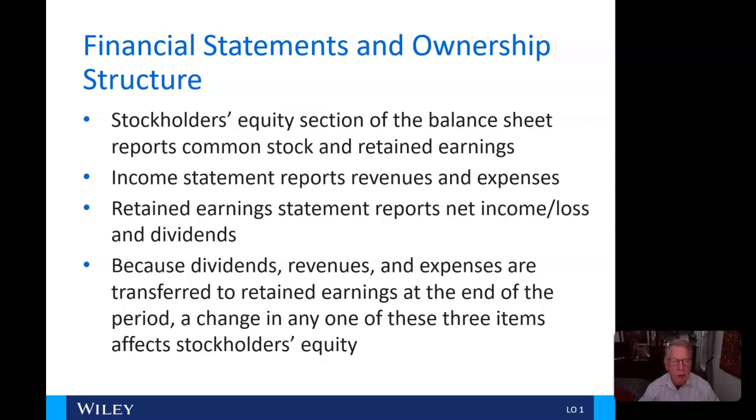And for that matter, it's possible we could have a net loss. And of course, any paid dividends. We're not required to pay dividends if we're a corporation, but if we do, then it's going to be a subtraction from retained earnings. Because dividends, revenues, and expenses are transferred to retained earnings at the end of the period, a change in any one of those 3 items will affect stockholders' equity.